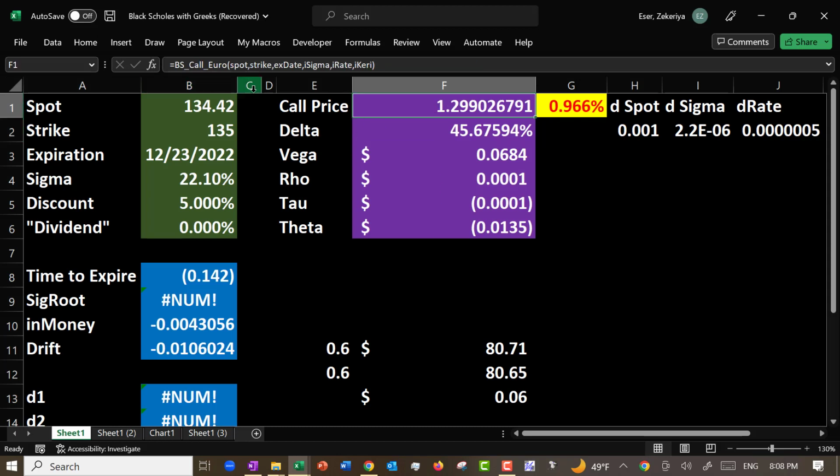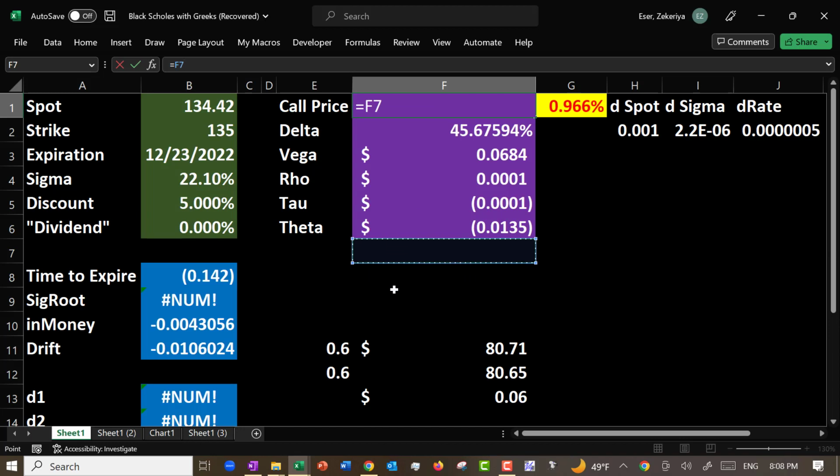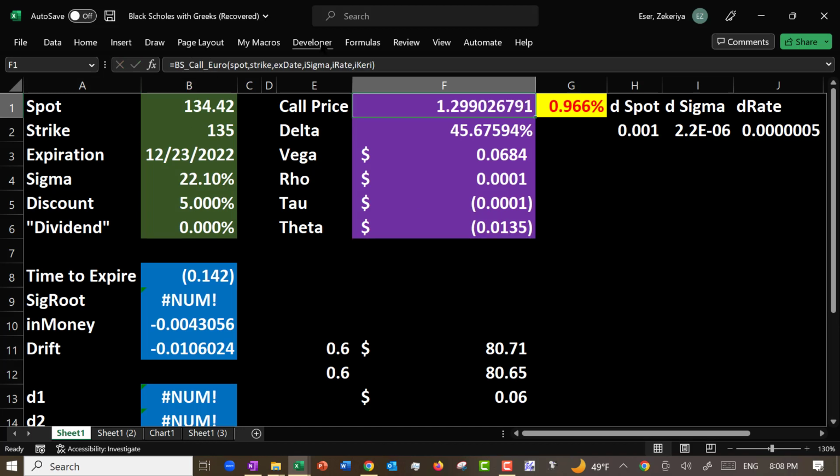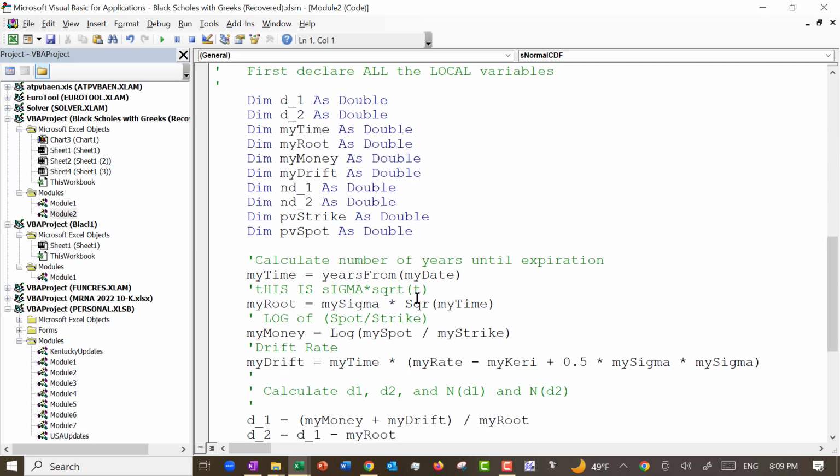Okay. I have a function. We actually wrote it down. It calculates the value of a European-style call option. All you have to do is enter the inputs. It's kind of a black box, but the code for that was relatively easy. That was it.